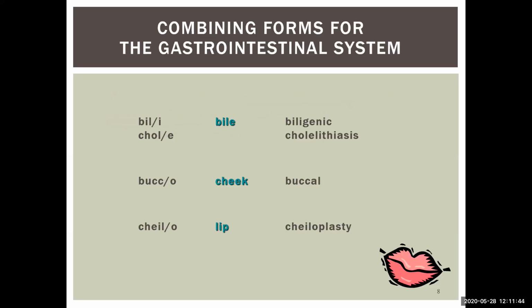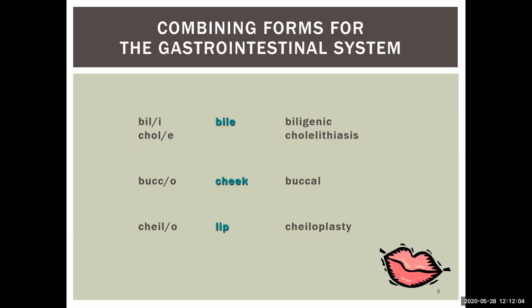So when we look at some of our terms, bili or chole is bile, so biliary, pertaining to the bile, and chole refers to, here it's bile, but you will see it also refers to gallbladder.